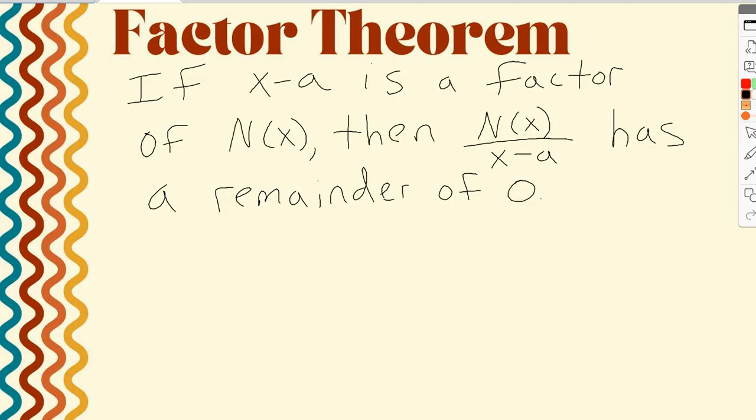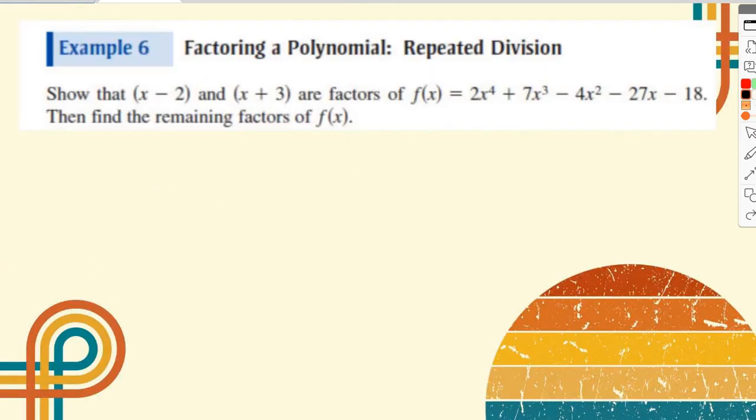So let's look at an example. I asked y'all to show that x minus 2 and x plus 3 are factors of that big f of x, and then we want to find the remaining factors.